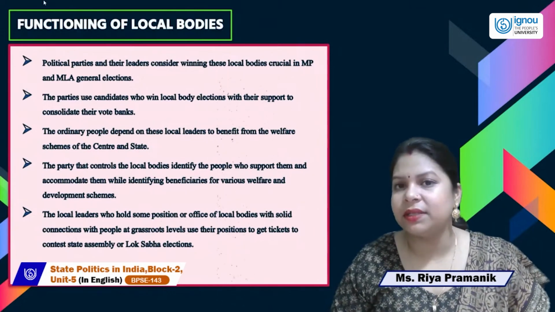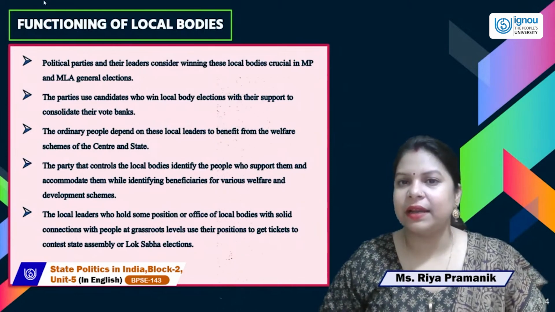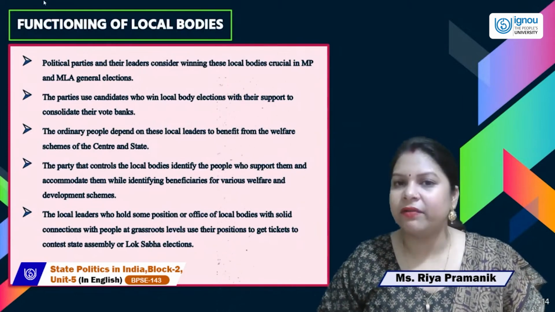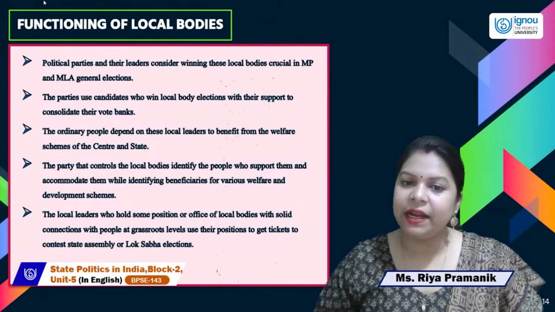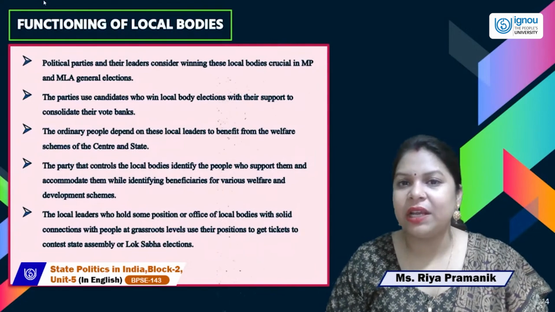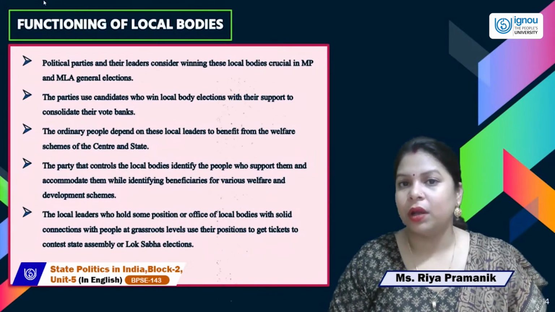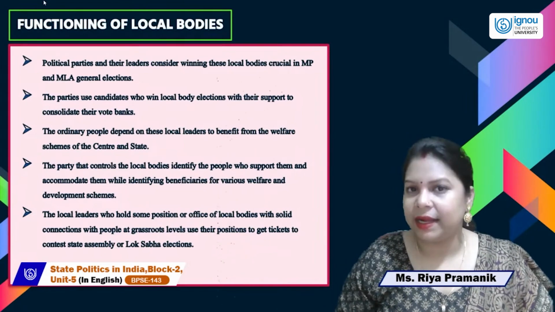So what political parties do is, whoever is winning in the local body elections, before and after elections, the political parties provide their support to that candidate, and once the candidate wins the election, he or she is required to support and consolidate the political party's vote bank over that area.